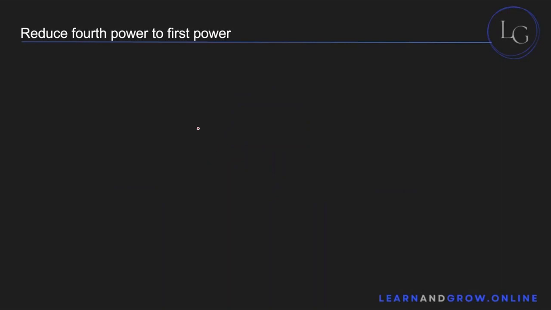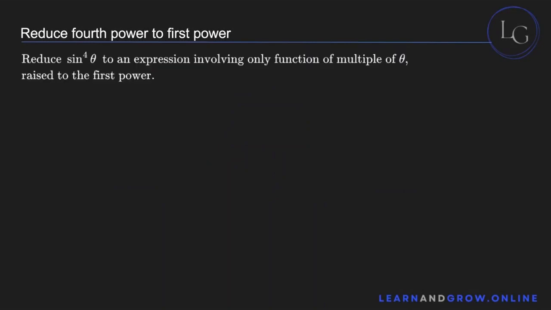Now let's reduce the fourth power to the first power. So the question says that we have to reduce sine theta to the power 4 to an expression involving only a function of a multiple of theta raised to the first power.